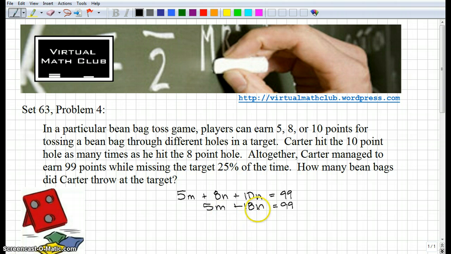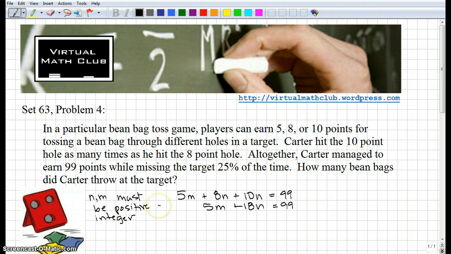All right, well, we got two unknowns here. And the other thing that we do know that helps us in this case, it may not seem like it at first, but we do know that m and n have to be positive integers. Positive integers, right?